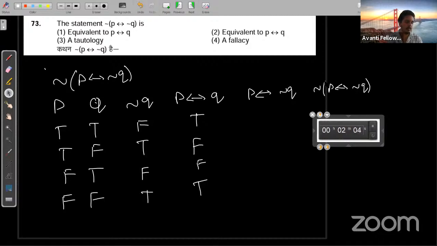What could be your answer? Come on, tell me. Last 1.5 minutes. Which option? Is it a tautology or is it a fallacy? Or what it is?